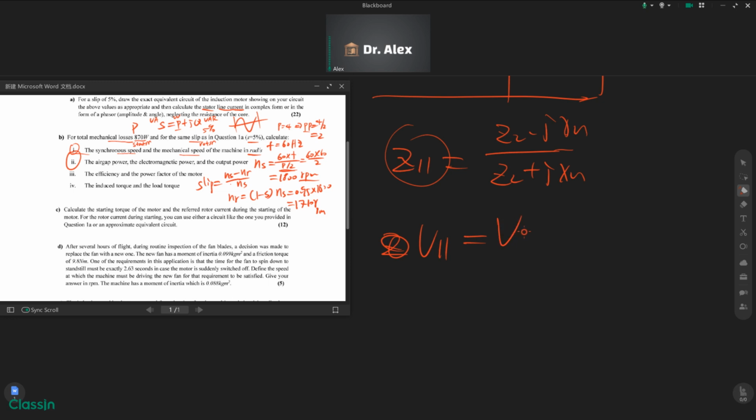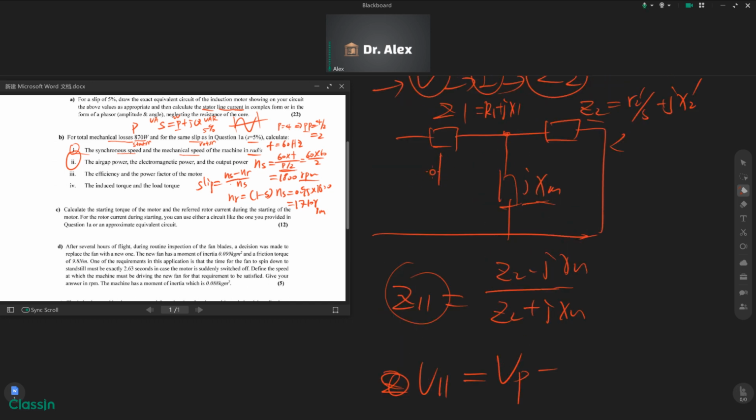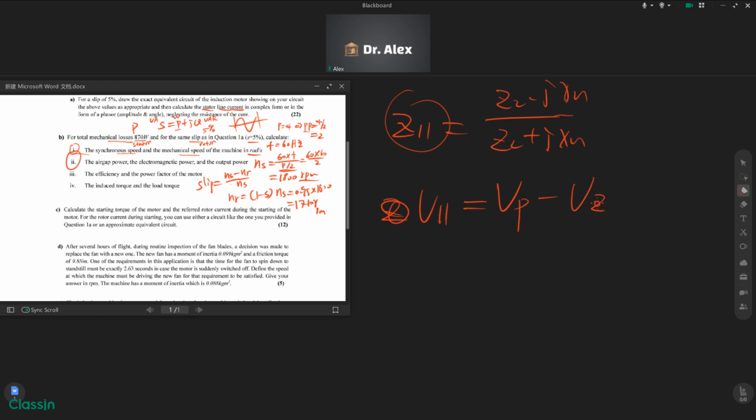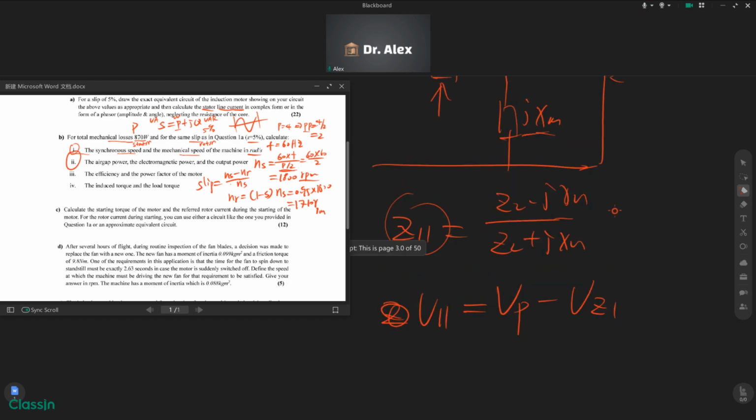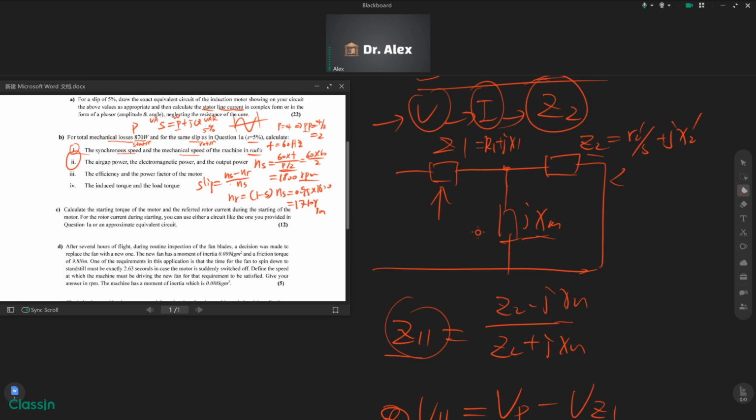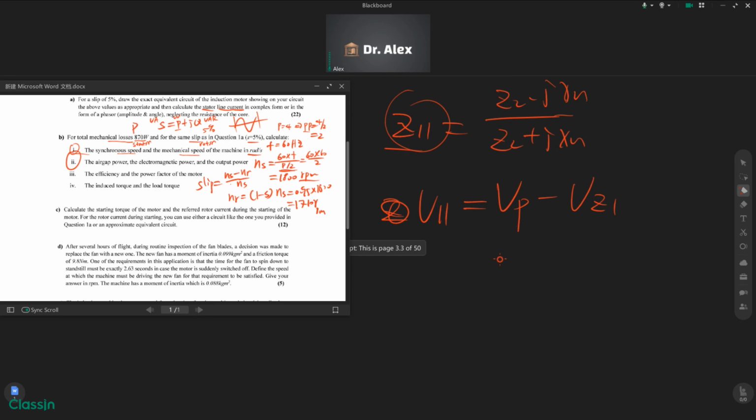It equals the total phase voltage subtract the voltage applied on Z1, right? That's quite straightforward because Z parallel is in series with Z1. This is VP, which is 400 divided by square root of 3, which is 230.94.